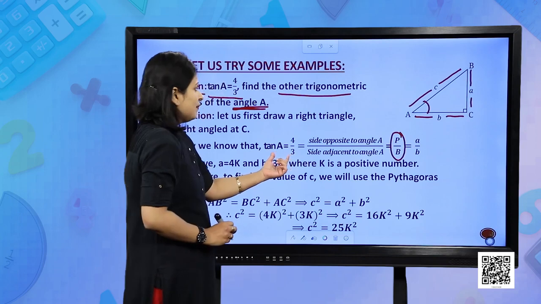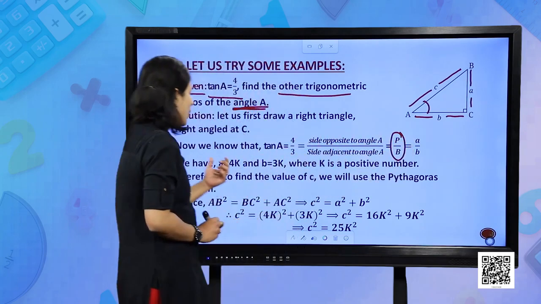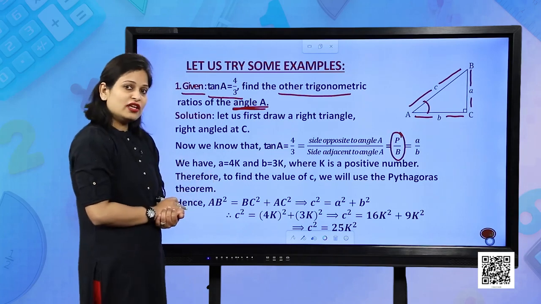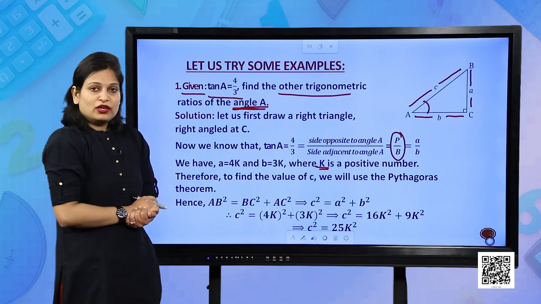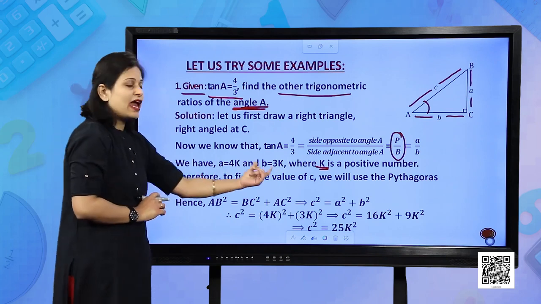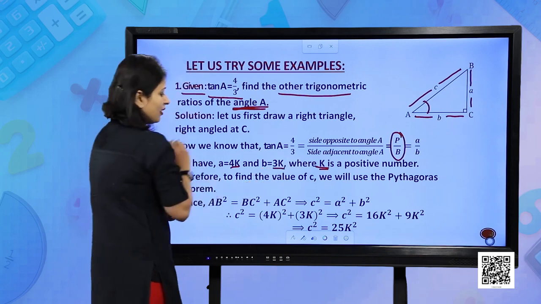So tan A will become a by b. Now I have to consider a positive number k. So I will get the value of a and b as 4k and 3k.